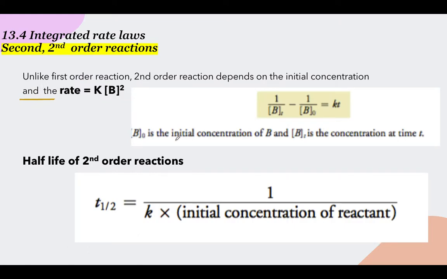Here, the integrated rate law for the second order reaction. In the case of a second order reaction, it depends on the concentration, because the rate of a second order reaction equals k times the concentration of the reactant squared.